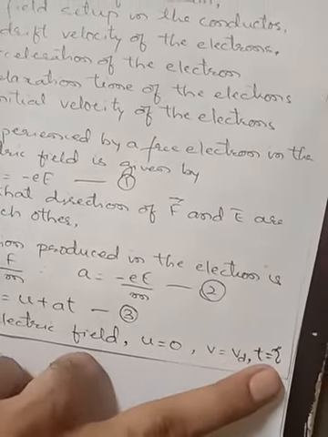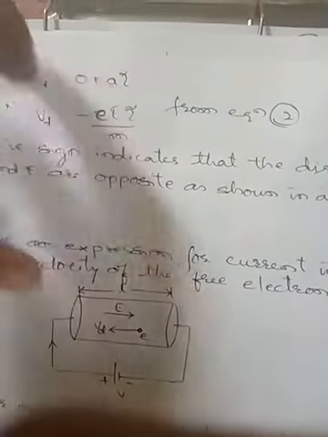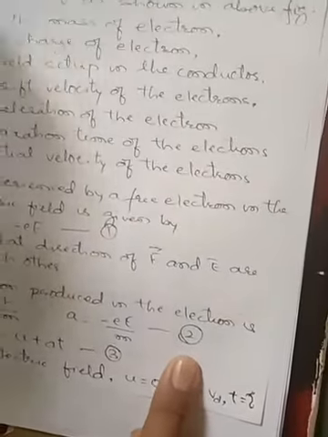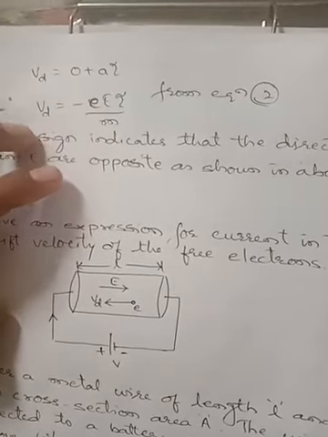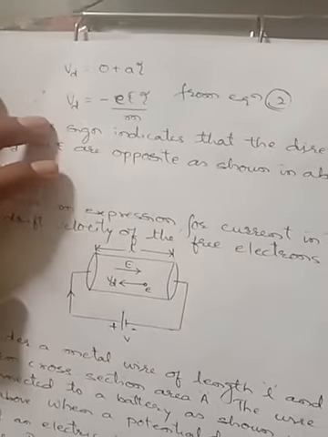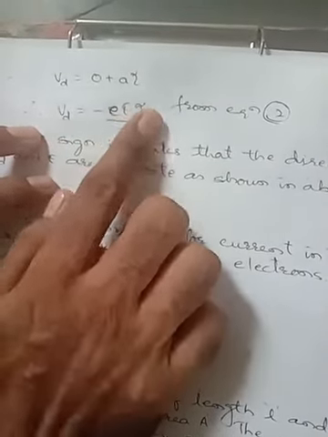So what is the value of a? From equation number 2, a is equal to minus eE by m. This value of a we will substitute in the equation. So we get Vd is equal to minus eE tau by m. So this is the drift velocity. The drift velocity of the electron is given by minus eE tau by m.